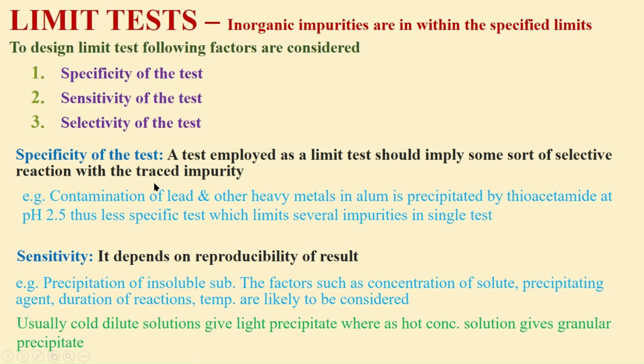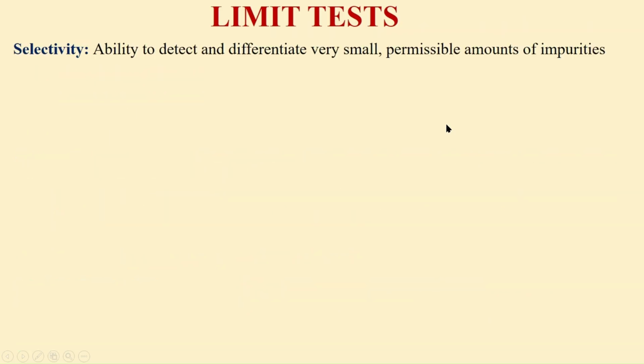The selectivity of the test is another factor which we consider while designing these limit tests. Selectivity is the ability of the test to detect and differentiate very small amounts of impurities of similar nature, whether they are in the permissible limits or not. Take chlorides, bromides, iodides, and fluorides. All are halogens, and they are all in ionic form.